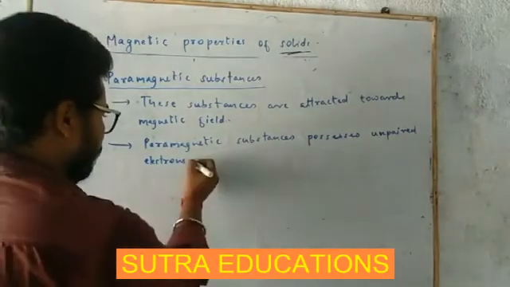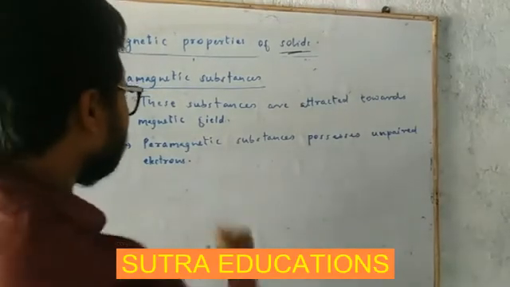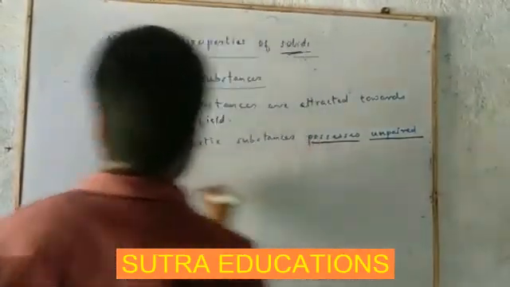This is a very important point whenever it comes to paramagnetic. Paramagnetic substances will possess unpaired electrons.